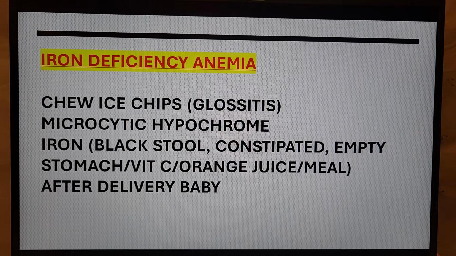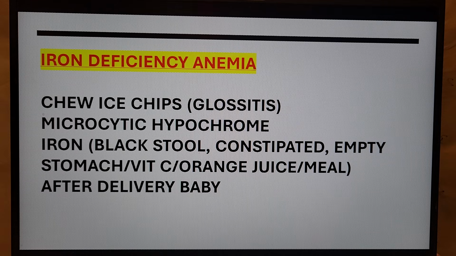Don't forget, if somebody has iron deficiency anemia, they have microcytic hypochromic. So if I take their blood and smear it on the plate and look under the microscope, I will find that the RBC is small and pale, right? Microcytic hypochromic. Please memorize. Iron deficiency anemia, microcytic hypochromic. Small and the color less, right?